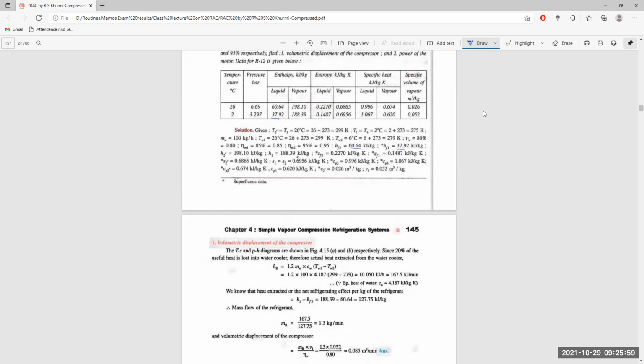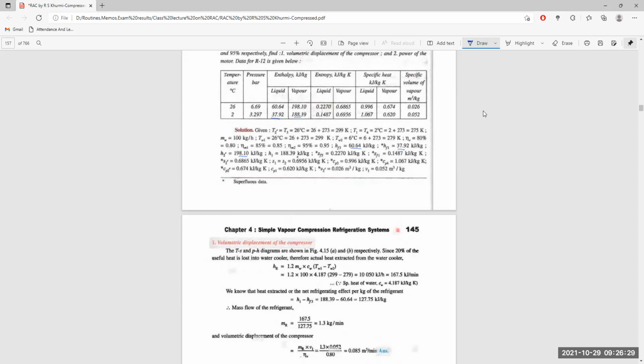So the enthalpy at the vapor stage is equal to 198.10. H1 is situated exactly on the vapor refrigerant line, so it is supposed to be 188.39 kilojoule per kg.